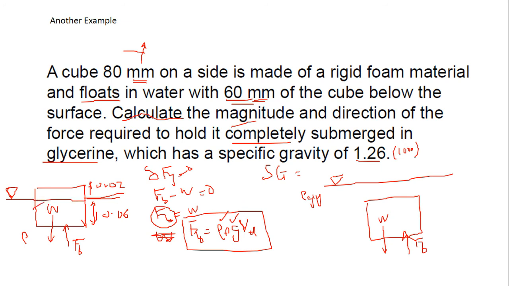Because they give you the dimension, 60 mm below the surface, so 0.06 times 0.08 times 0.08 because it's a cube, so it gives you your VD, betul tak? Can you understand?